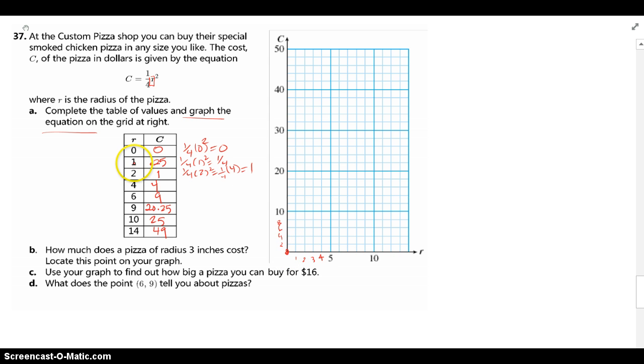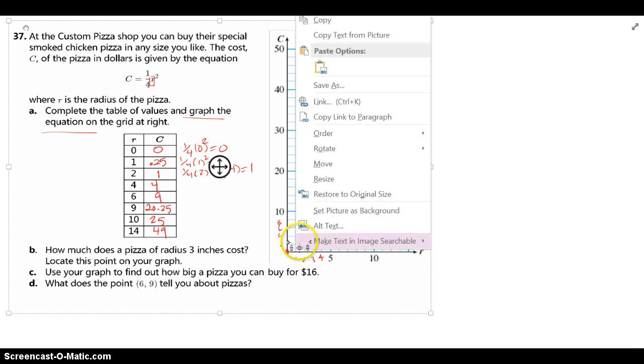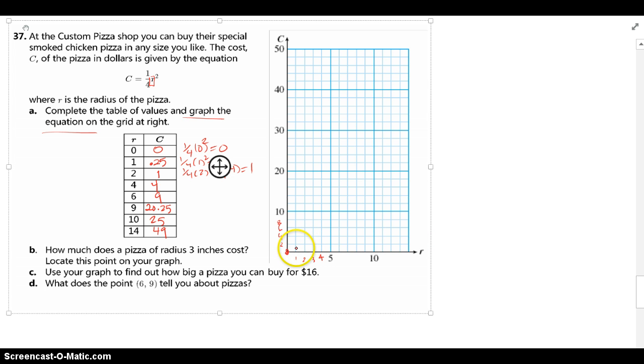So 1 inch is the radius, and then we have 0.25, a quarter of the way, so really tiny right there. Hardly able to get that. Okay, let's just go down to the next one. Let's say 2 inches is the radius. The cost is $1, so that's right there. And then 6 inches, the cost is $9.